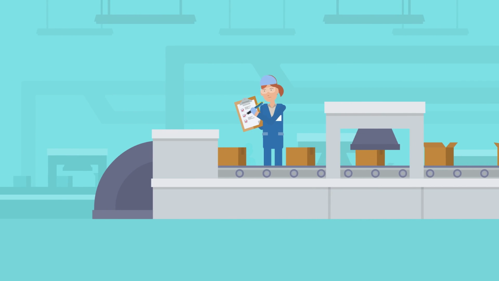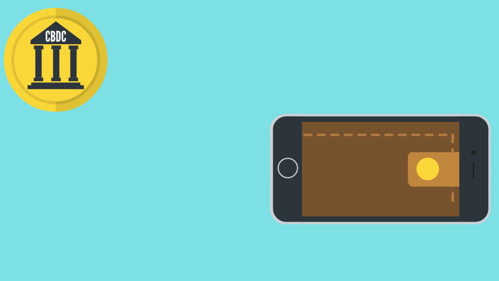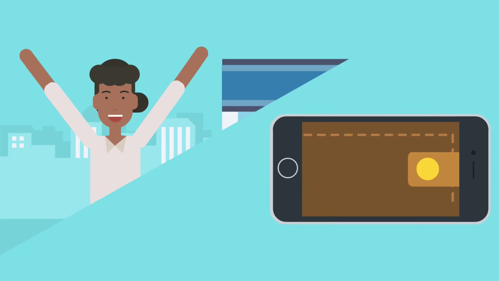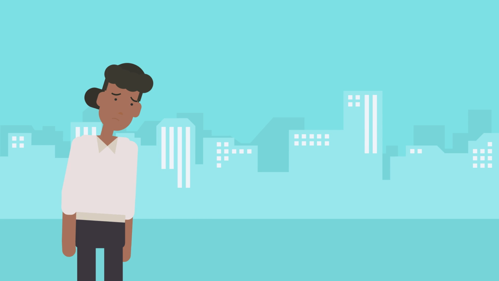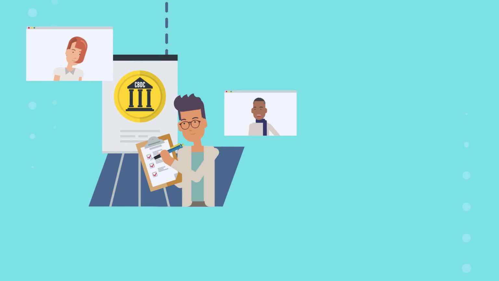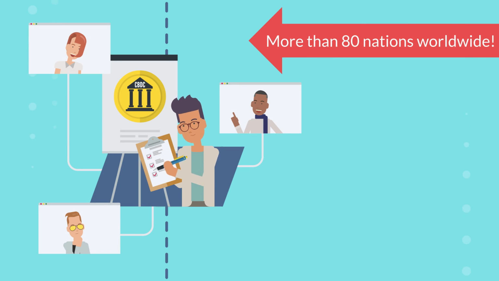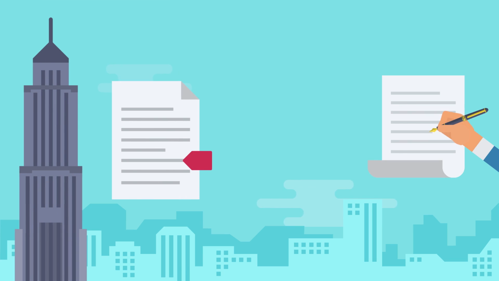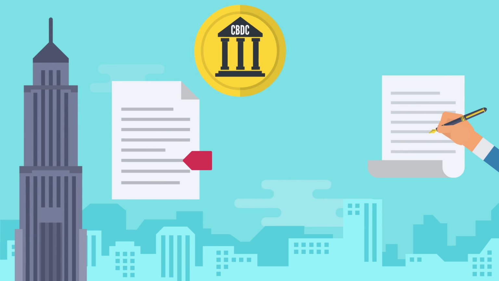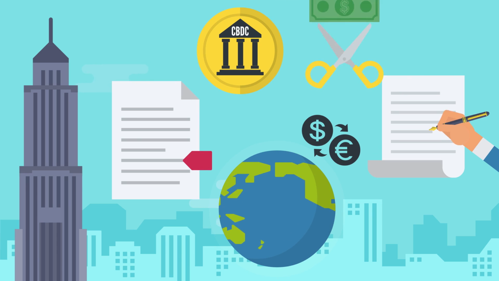To save the costs of printing and storing cash, a retail CBDC can be issued straight to smartphone wallets, especially for individuals without access to private banking services. A CBDC is being tested or considered in more than 80 nations worldwide. The reports follow research that the BIS released showing how CBDCs could lower costs and expedite cross-border transactions.